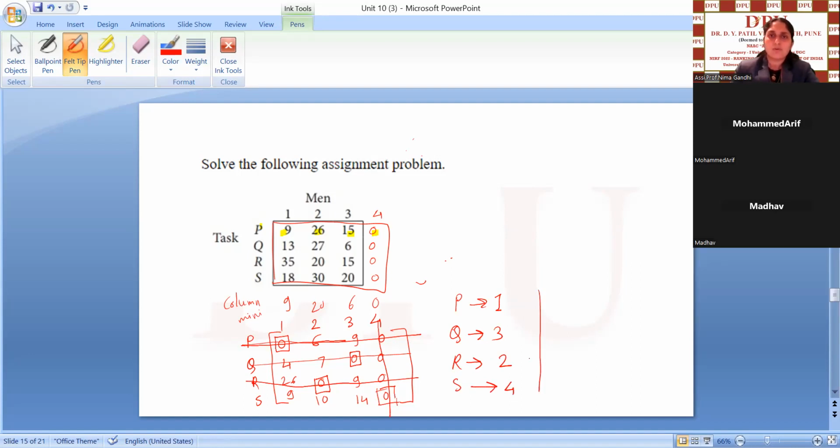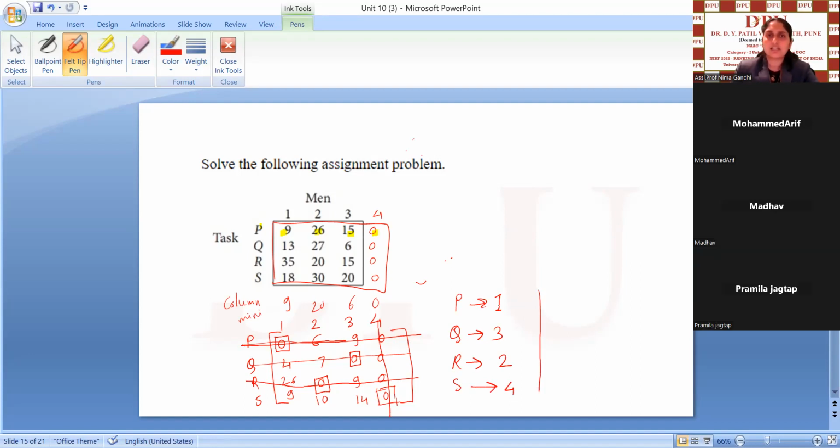So P has been assigned task 1. So this figure means he can complete the task with just 9 rupees, you can say here for convenience. Then Q task is 3. Third worker is completing the Q task with 6 rupees.